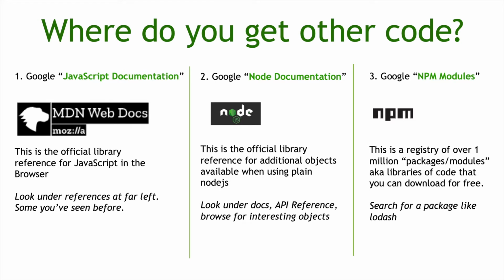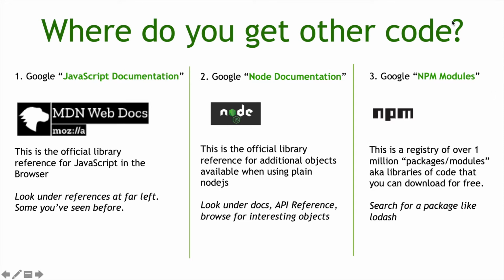There are over 1 million modules or libraries of functionality that you can download to use in your own applications. And so that's the important part. You got about 75 over here that basically come with the installation of JavaScript and Node. And over here, here's a library of code, a directory of code that's out there in the public that everybody in the world can download and use. And there are over 1 million options.